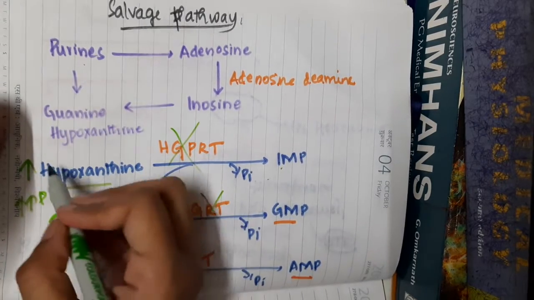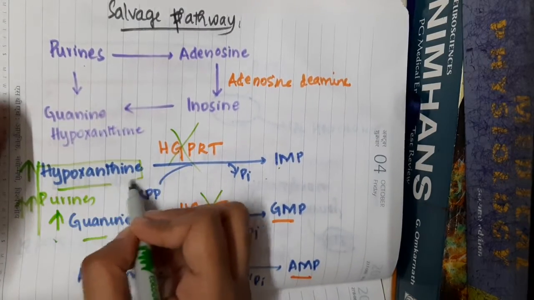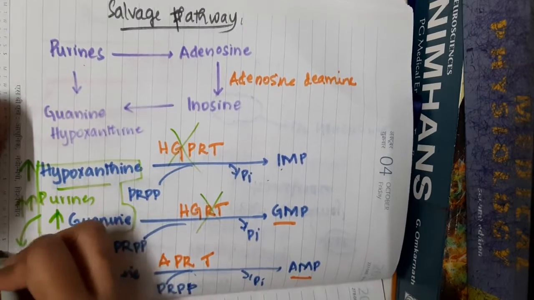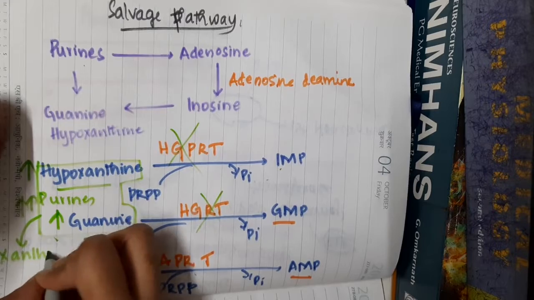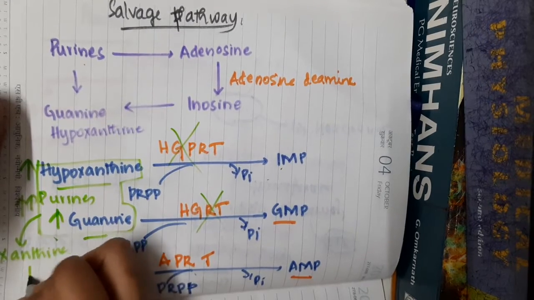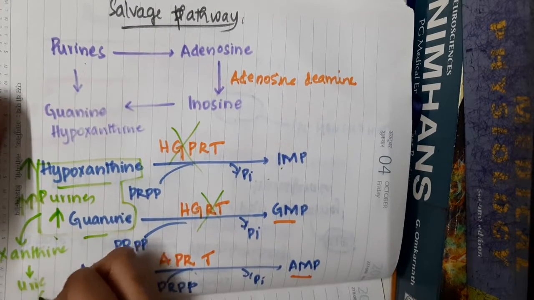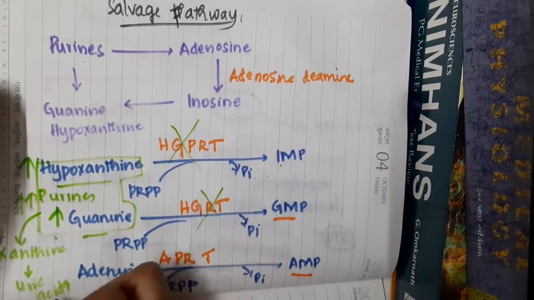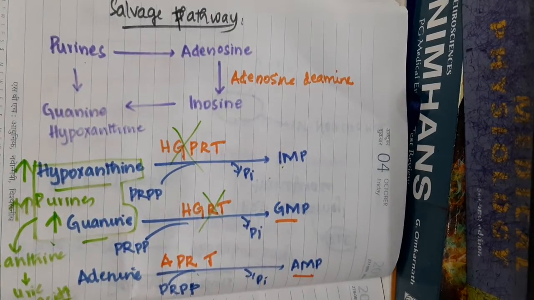Because they are accumulated, they will convert themselves to xanthine, which is excreted as uric acid. So in HGPRT deficiency, increased uric acid is seen.